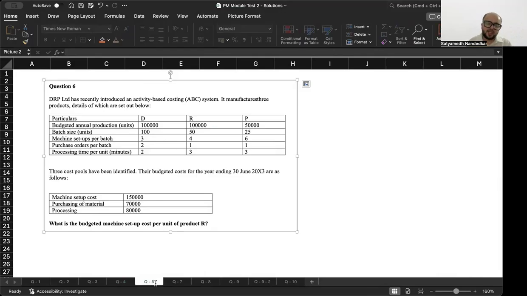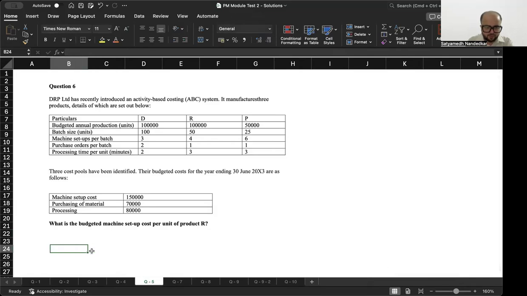Now, DRP Limited, what is the budgeted machine setup cost per unit of R? DRP Limited has recently introduced an activity-based costing system. It manufactures three products, details of which are set out below.